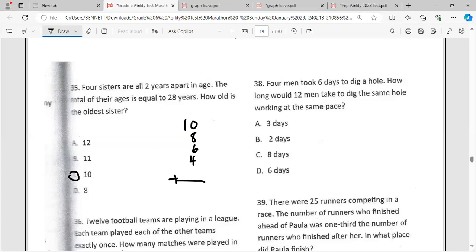Wait, there's no number beside it. How am I gonna know which one? Thanks, Kayla. Welcome. Thanks, Jaden.